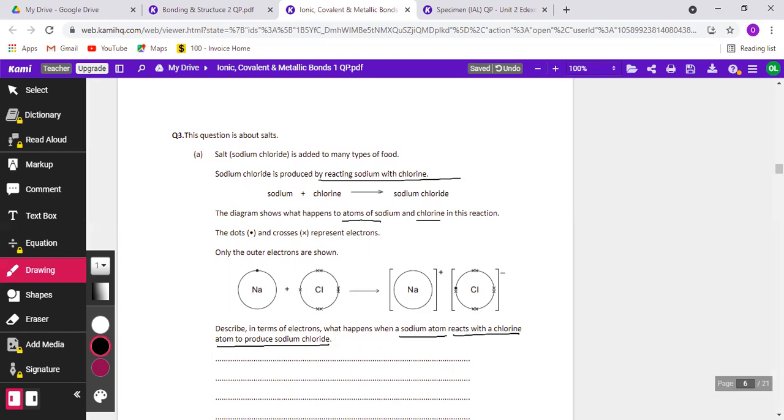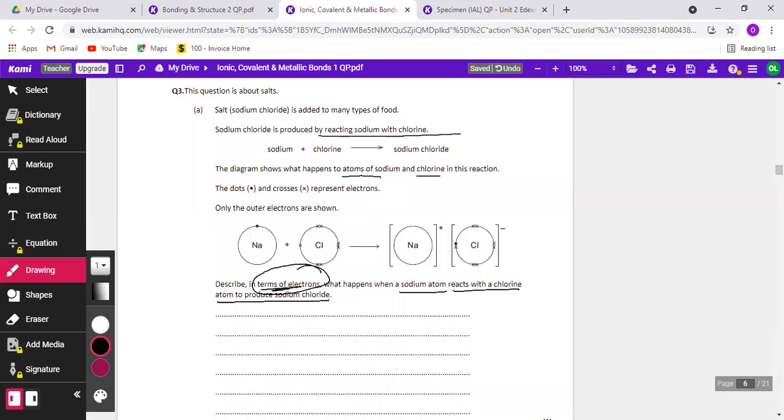Now here you will have to again describe in terms of electrons. So sodium would lose electrons or gain electrons? Yes, it will lose electrons, whereas chlorine would gain electrons. So, first of all, let's say a sodium atom loses how many electrons?